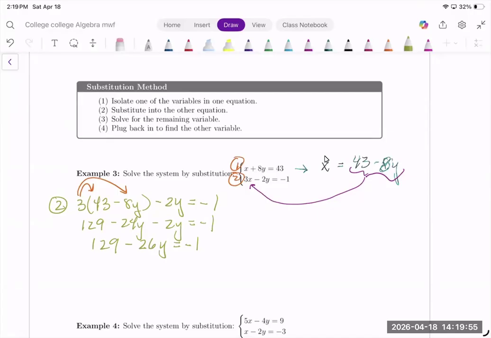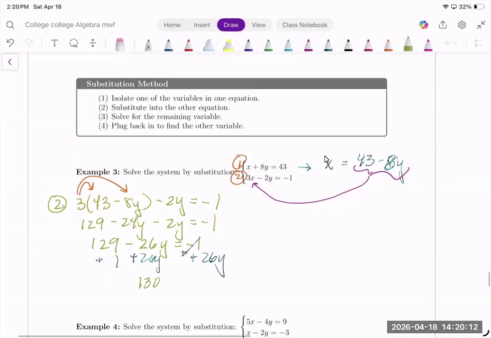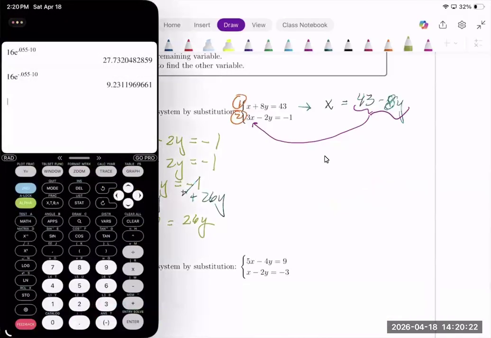Solving for y, I am just going to add the 26y and then add this 1 so that we end up with 130 equals 26y. And then remember, it's 26y, but also AKA 26 times y.